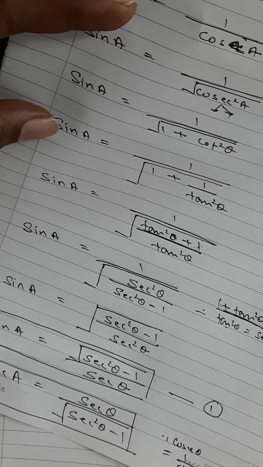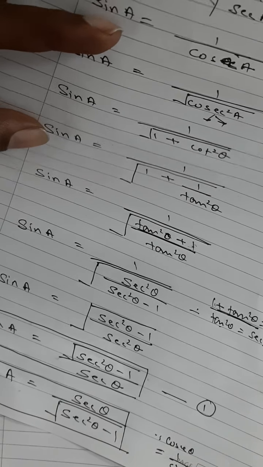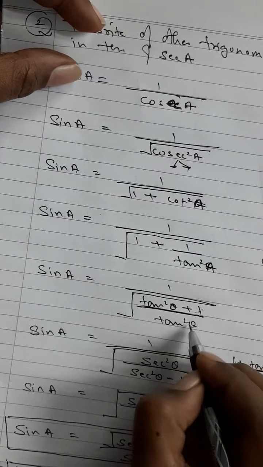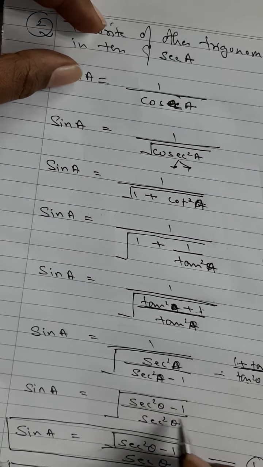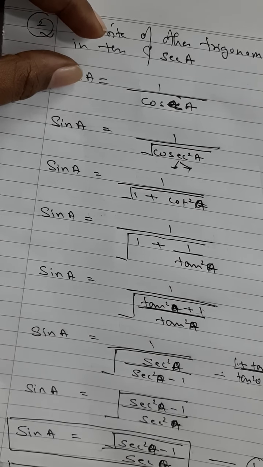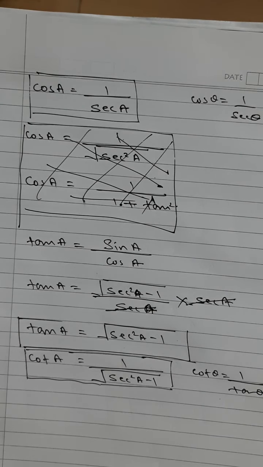I don't have a reason why it should be wrong. Only thing that I have done a mistake over here is this is all A. So with this we have finished question number 2.